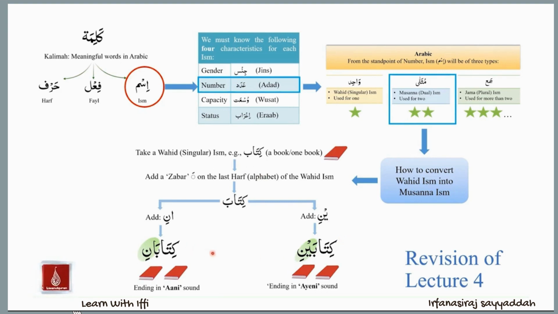Both kitabani and kitabaini mean two books. The most important thing to remember is that words that end in ani and aini sound indicate dual ism or musanna ism. In the current lecture, we will focus on the study of jama or plural ism.